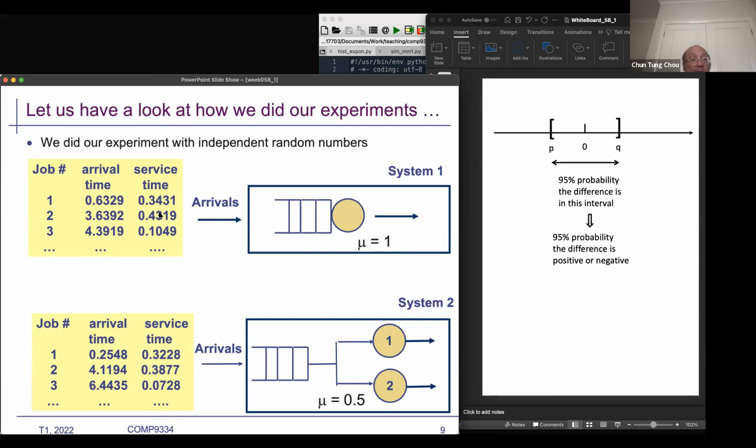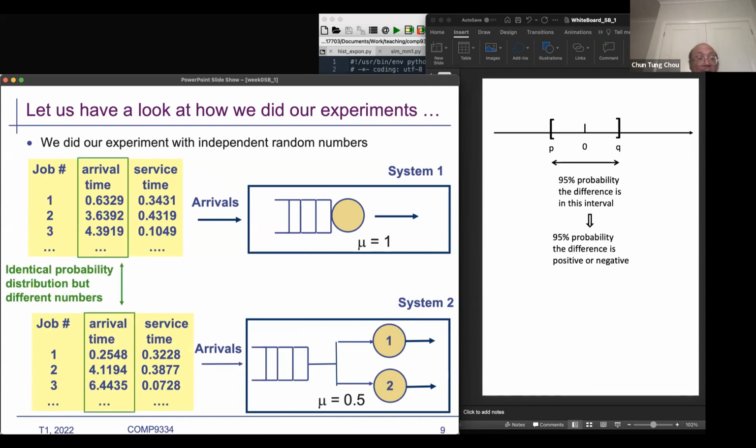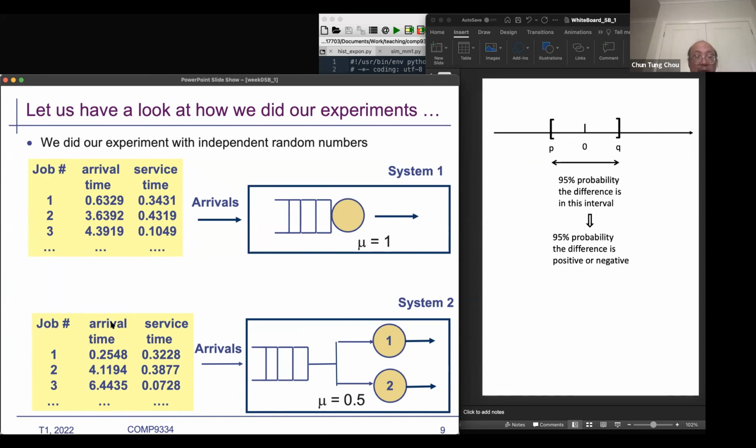So what you see here is the arrival times are different because we used independent random numbers, and the service times are also different because we used some other independent random numbers. What I want to point out is these have the same probability distributions, but they are different random numbers.